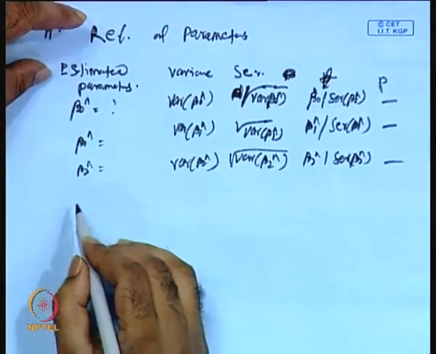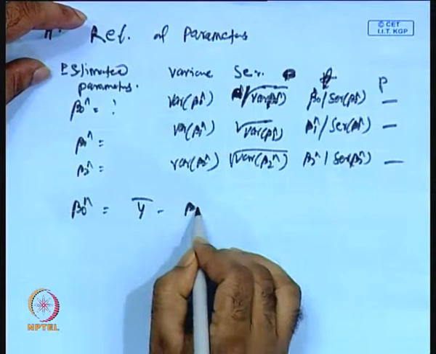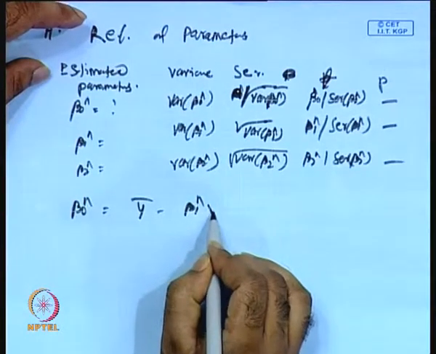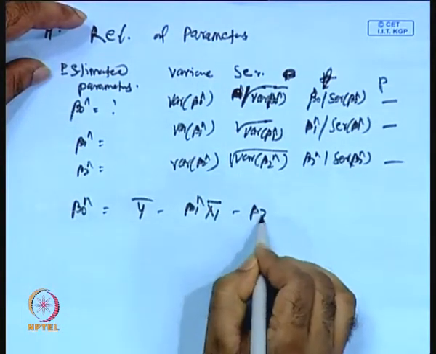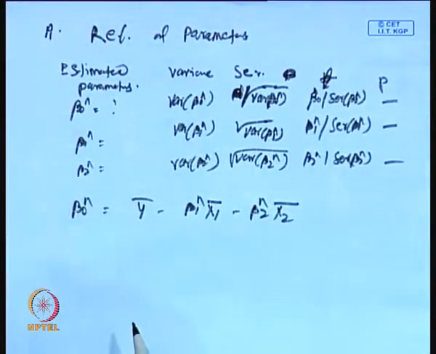Beta 0 hat is equal to y bar minus beta 1 hat x1 bar minus beta 2 hat x2 bar. That means we first get to know what is beta 1 hat and beta 2 hat. Once we have them, then we can calculate beta 0 hat.